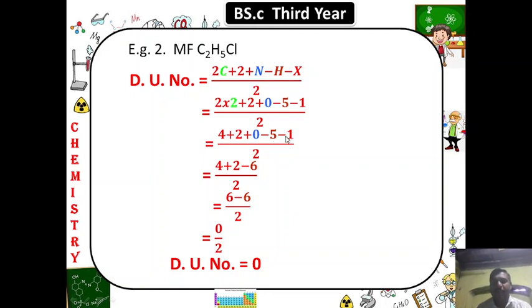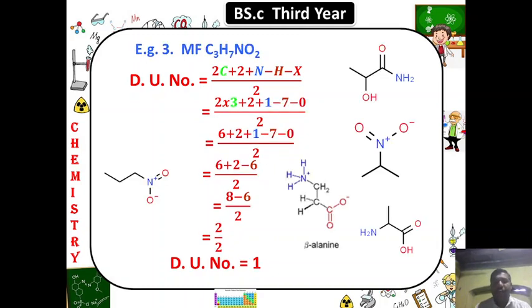Minus minus becomes plus, which converts into 6. Then 4 plus 2 is 6, 6 minus 6 is 0, and 0 divided by 2 is 0. Here also there is no double bond in this formula. This helps us know how much unsaturation is there in the molecule.